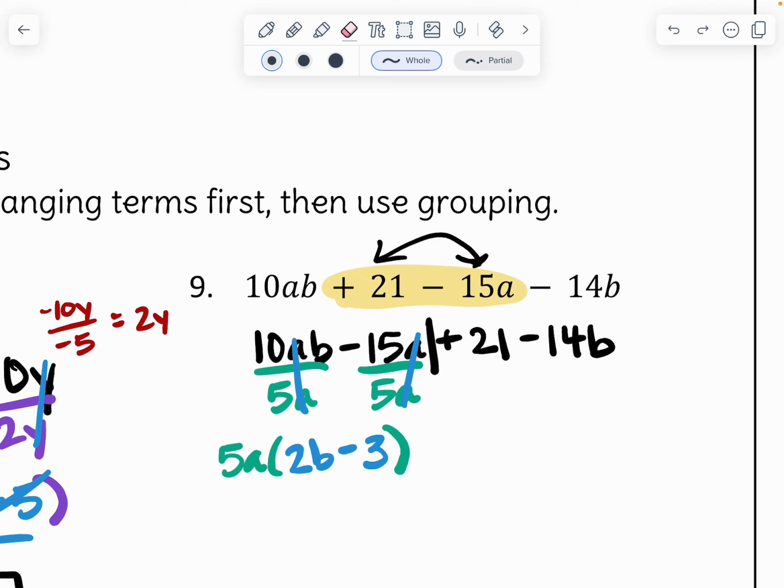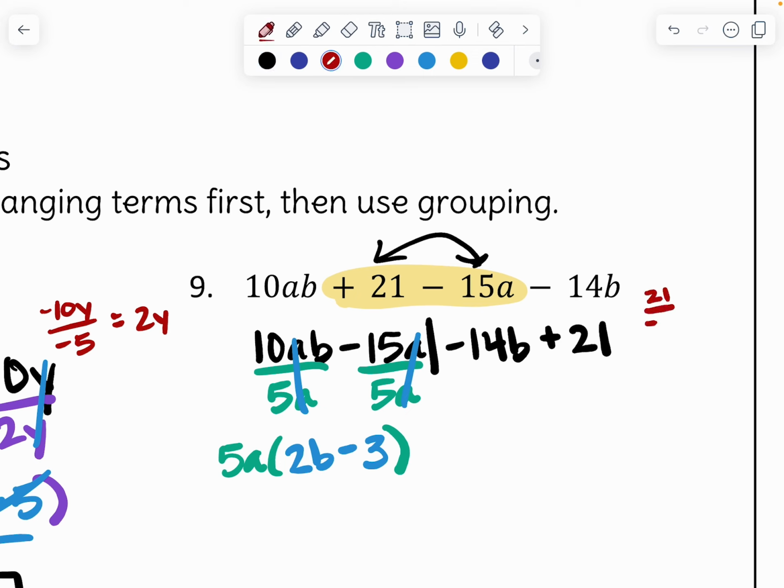So instead of plus 21 minus 14b, let's do minus 14b plus 21. So now let's take 21 divided by negative 3, that's negative 7. So minus 7.